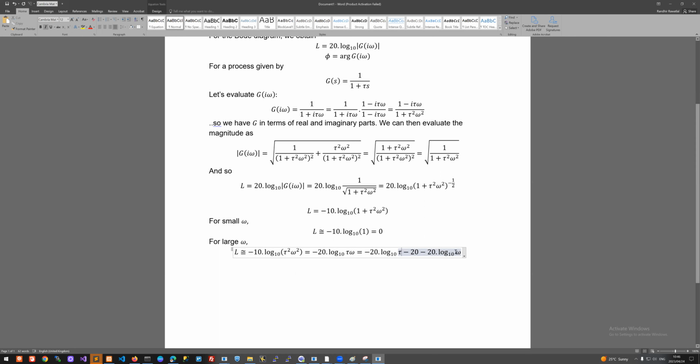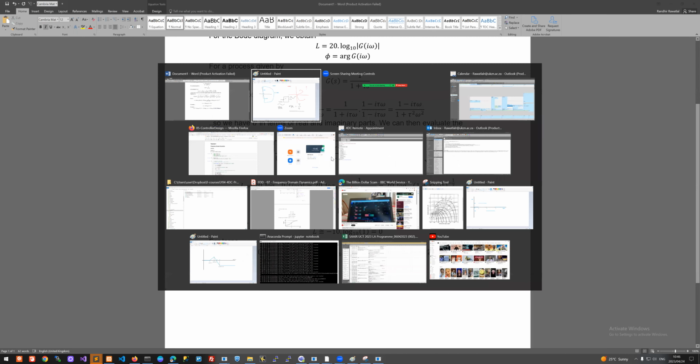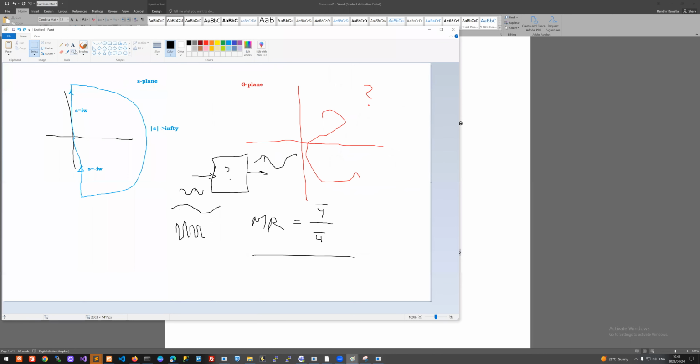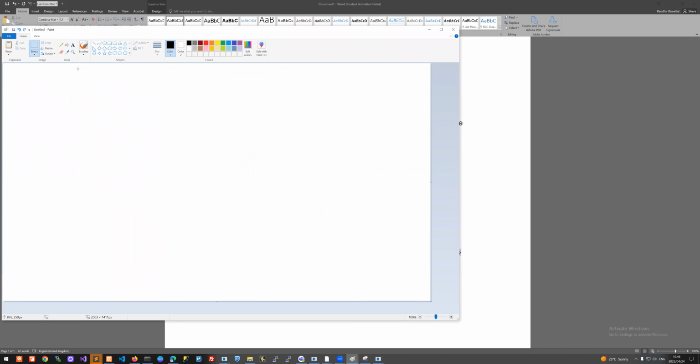But we know omega is changing. And in fact, our x-axis is log10 omega. So this is like x. And so we have a constant gradient here, minus 20. So if we were to graph that for L, we would have a 0.